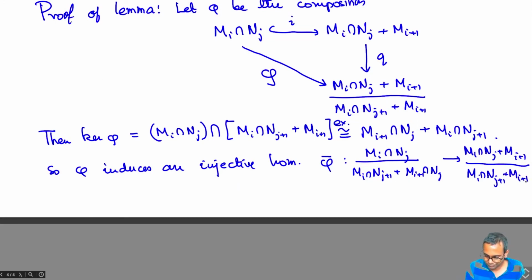So that is injective, and now we only need to check that phi bar is surjective.